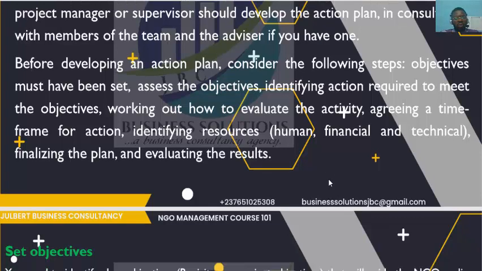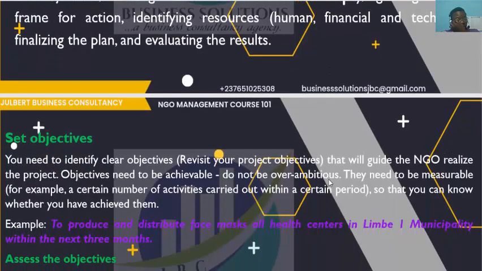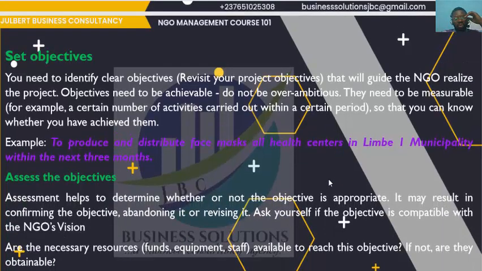Okay, so we get straight to the various considerations before coming up with a plan of action. We begin with an objective. You need to identify clear objectives. Revisit the project, revisit the plan.